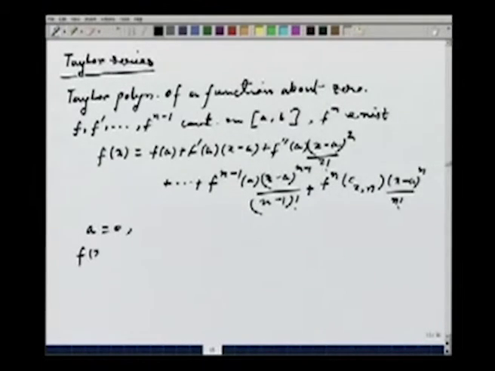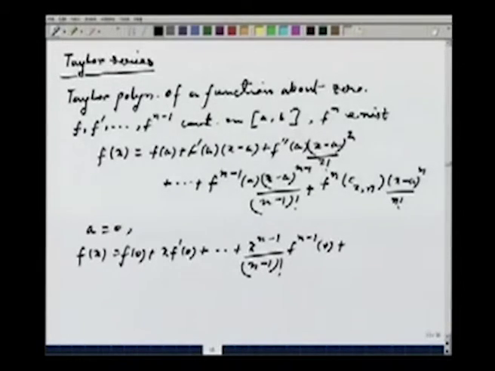So a equal to 0 means f(x) equals f(0) plus x f prime(0) plus x to the power n minus 1 by (n minus 1) factorial into f^(n-1)(0) plus x to the power n by factorial n into f^(n) at c(x, n). So the point c which we are getting here depends on x as well as n.